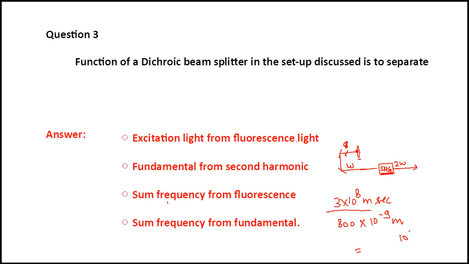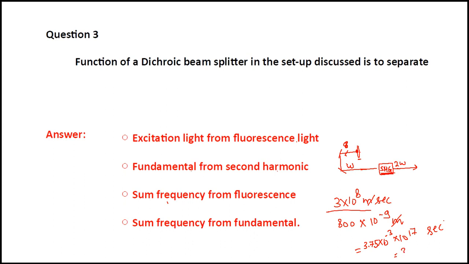So it will be 10 to the power 17, and 3 divided by 800 will be 3.75 into 10 to the power minus 3. Meter will be cancelled with meter and it will come to be seconds.